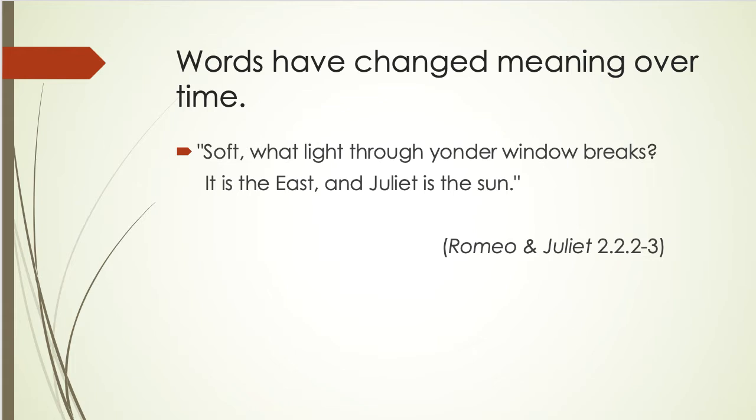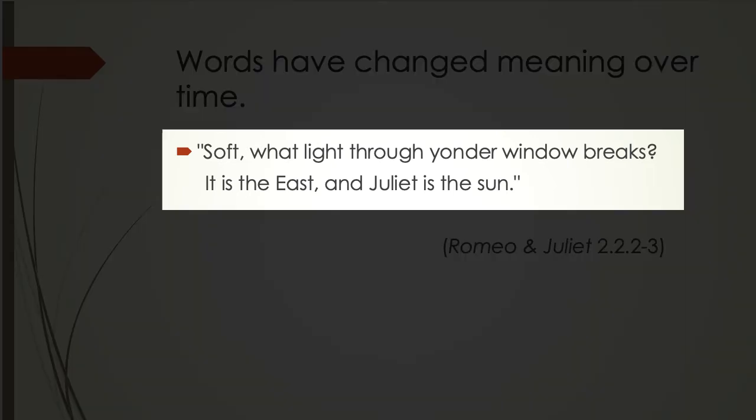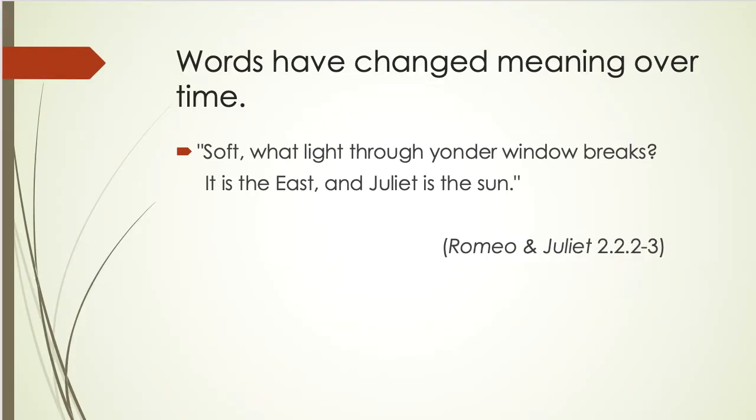And words will go through changes in meaning. When Romeo says, soft what light through yonder window breaks, it is the east and Juliet is the sun, he is not saying that somehow the light is soft and gentle or speaking about the way it feels. He uses the word soft to mean wait, which is one of the meanings that word had in Shakespeare's time.